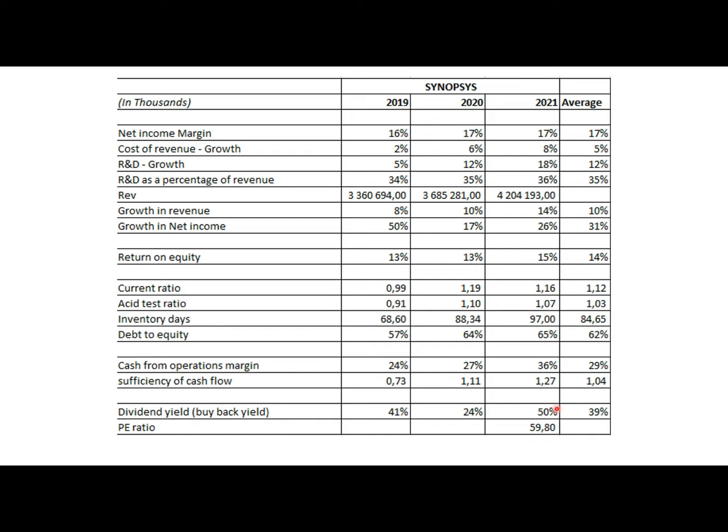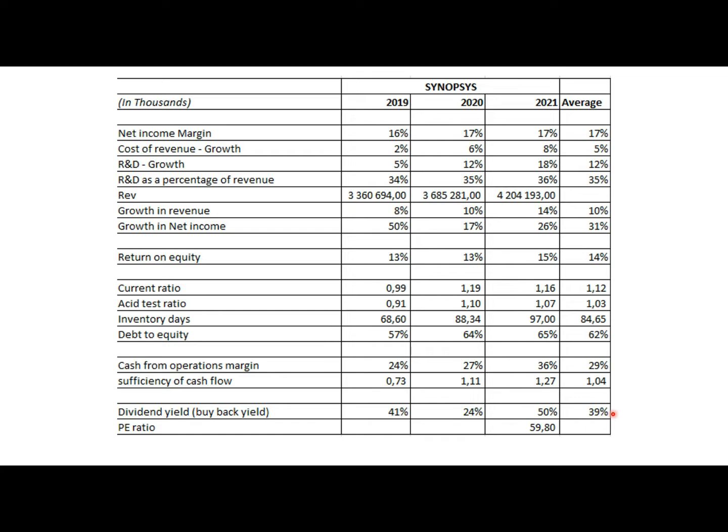Considering the fact that Synopsys is growing both the top and bottom line on the income statement, it's been growing its ability to generate cash flows. It's been improving its liquidity position. It doesn't hold that much debt. So you understand why it pays that much. It's actually rewarding shareholders for having faith in the company.